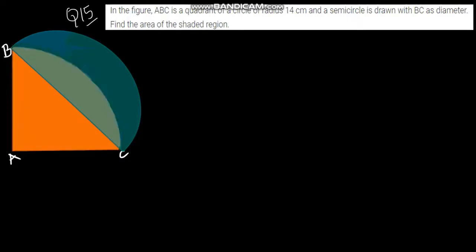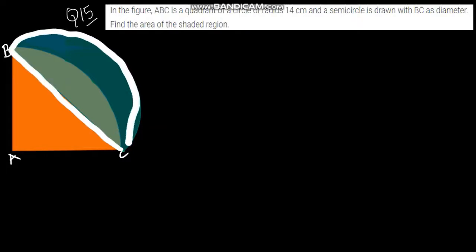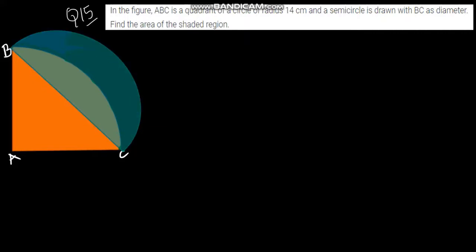And if you take BC as diameter, then this particular part is the semicircle, which is shown here. Now you have to find the area of the shaded region. That means you have to find the area of this particular part.